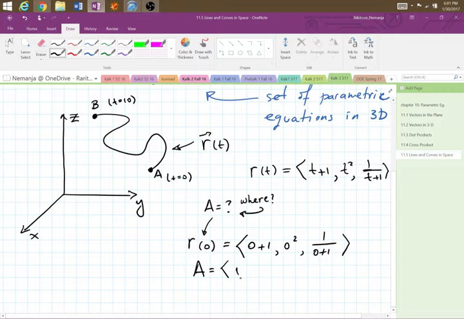So 1, 0, 1. You can see that for this A, I did not put the arrow on top, I should have. This is that vector, now, vector A.